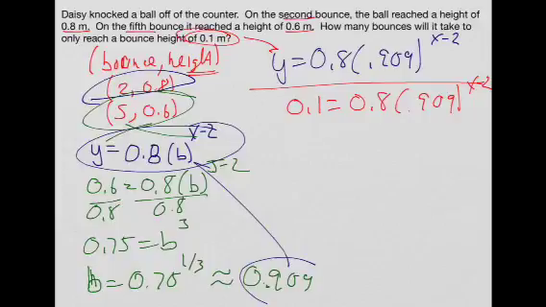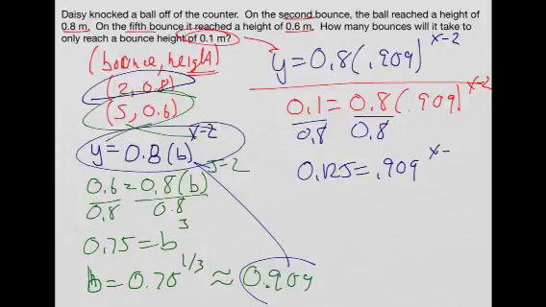Now I have an exponential equation. I got my variable up in the exponent, so I want to solve for my exponential function. Switch to logarithmic form. So I'll divide by my 0.8. I'm going to get 0.125 equals 0.909 to the x minus 2.